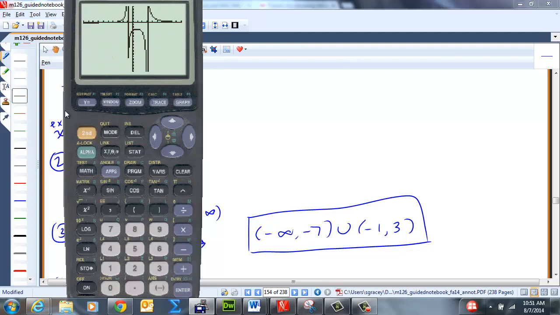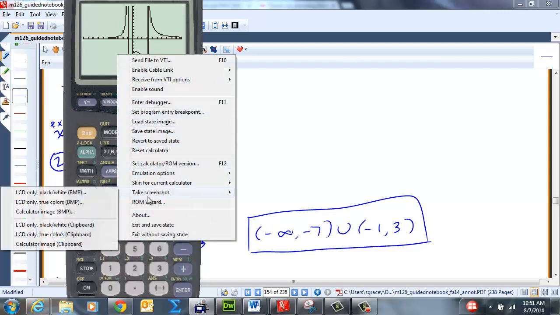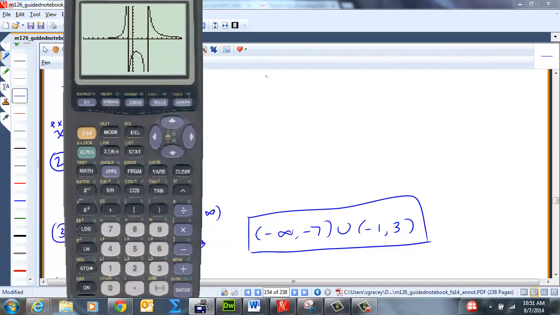Very nice. Let's go ahead and go to Zoom standard. So there you see our vertical asymptotes, and you can see a good picture of our graph.